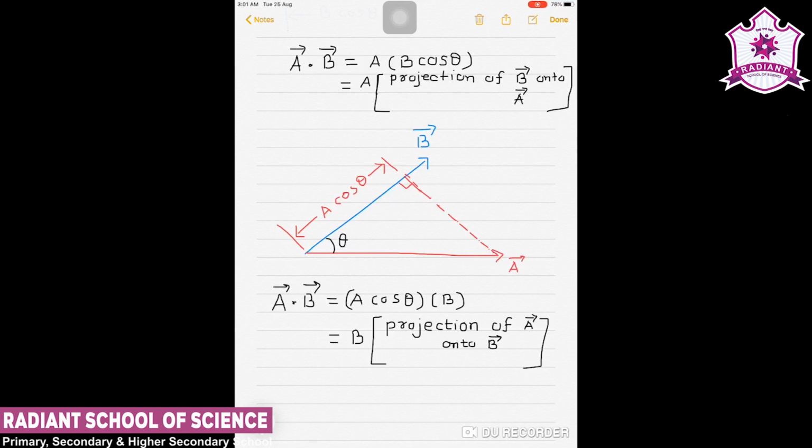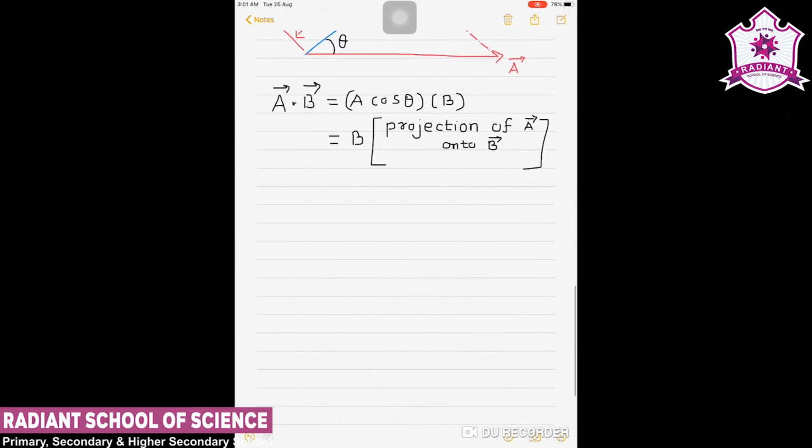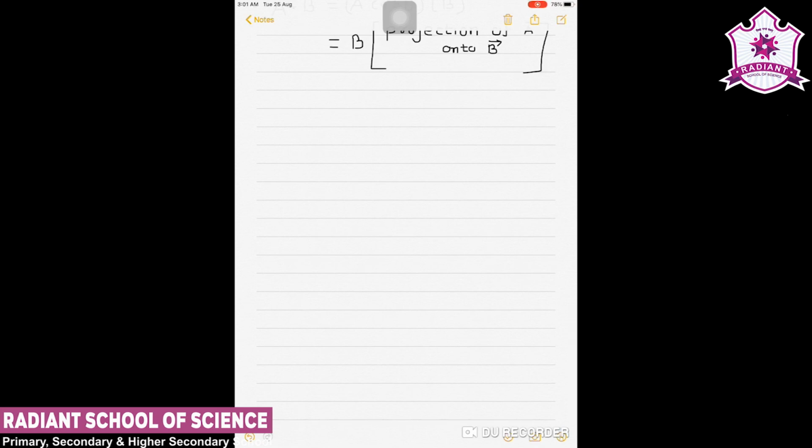Now there are some characteristics that it follows, so the vector product follows some basic laws.